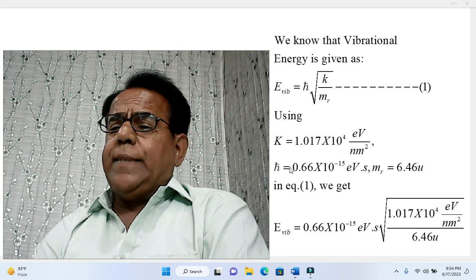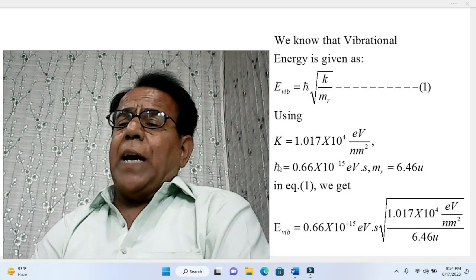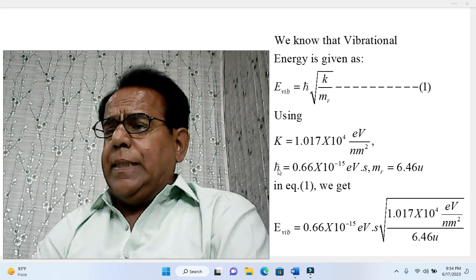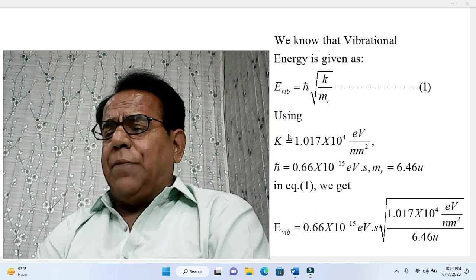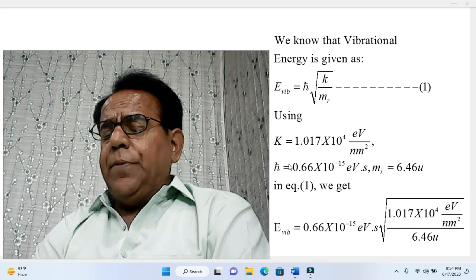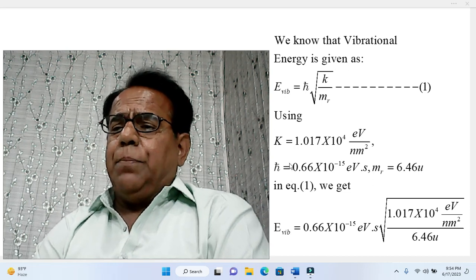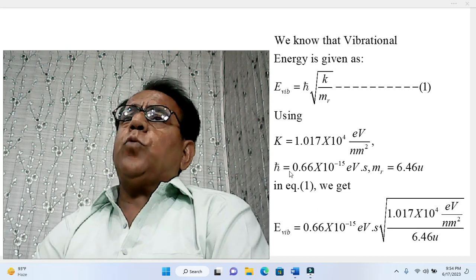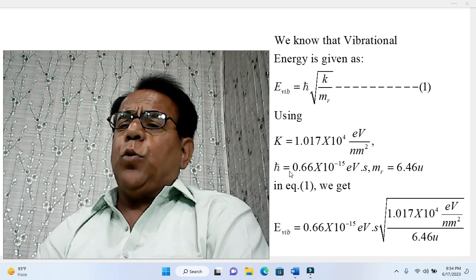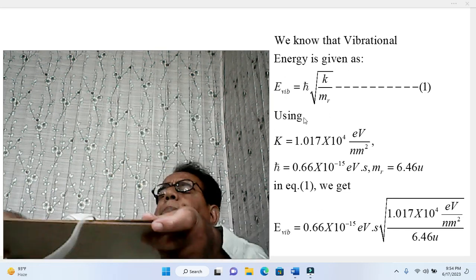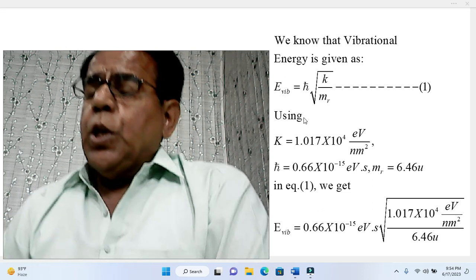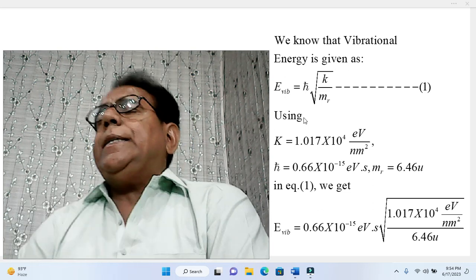The value of Planck's constant h is given in the table, and we have ourselves divided that Planck's constant h by 6.28, because we have divided h by 2 pi, and we know that pi is a very special number.